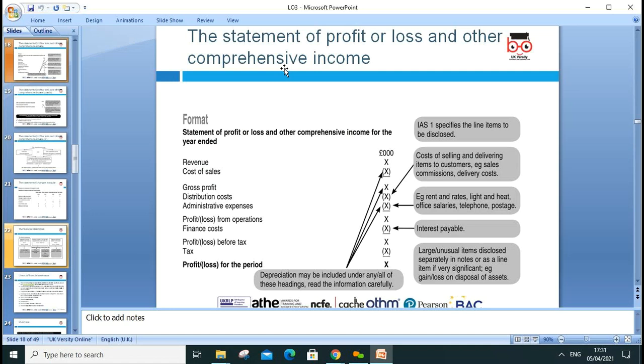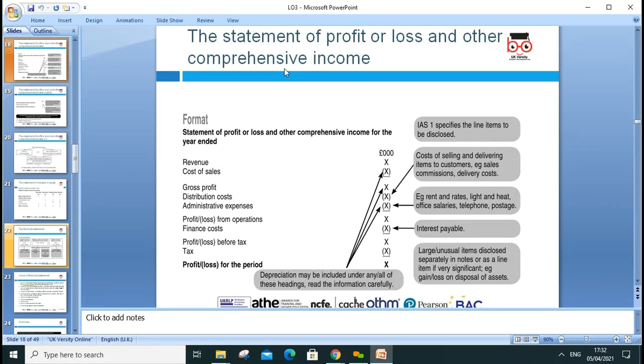Okay, so revenue means the sales turnover, the worth of sales, how much it cost us, and then we have a gross profit. Then we have overhead expenses, which we call indirect expenses, and we deduct all these, like distribution and admin. Then we have a finance cost, meaning interest on borrowing, the tax we are supposed to pay on this, and then we have the profit for the year.